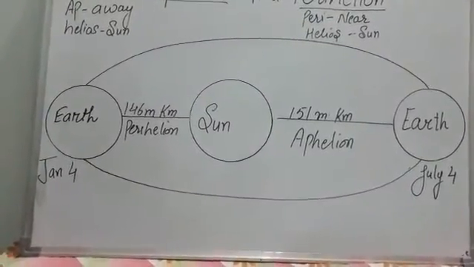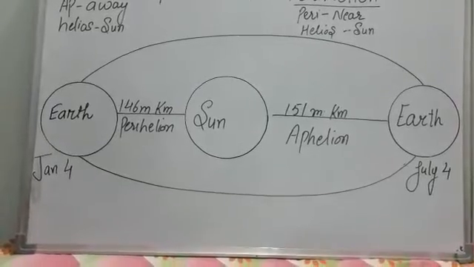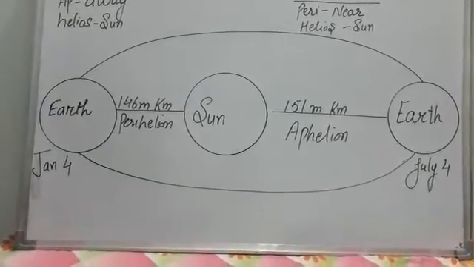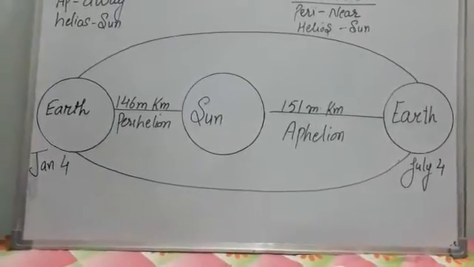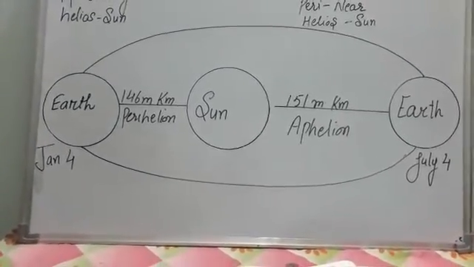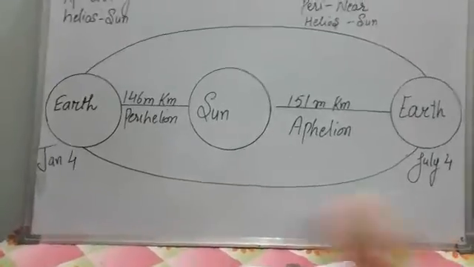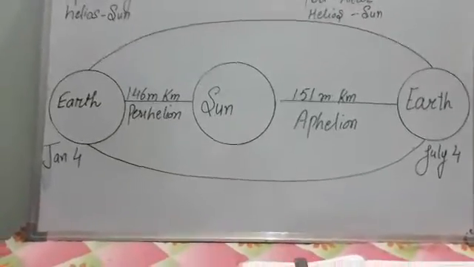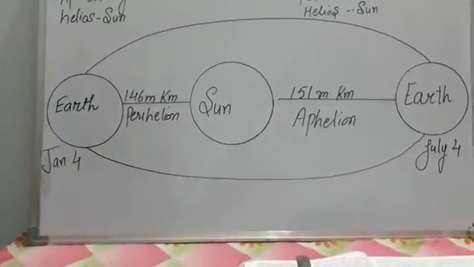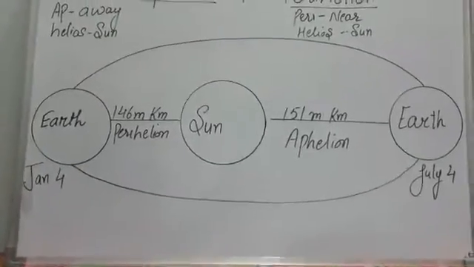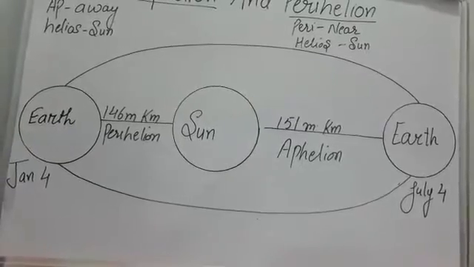And you know very well the earth, while moving around the sun, its orbit comes near to the sun. At this point, the distance between the earth and the sun is minimum, and the distance will be 146 million kilometer. When the earth is at the minimum distance of 146 million kilometer, that point is called the perihelion.